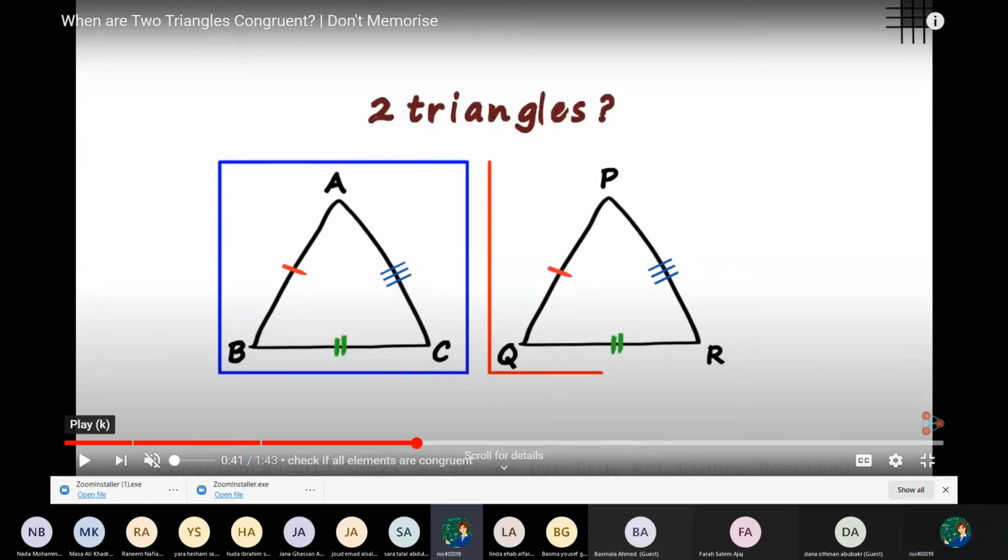So, I will repeat. Here we have these two triangles. Each triangle has three sides and three angles. Side AB is congruent to side PQ, and side BC is congruent to side QR, and side AC or CA is congruent to side RP.